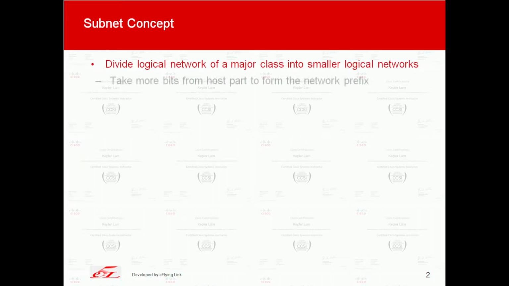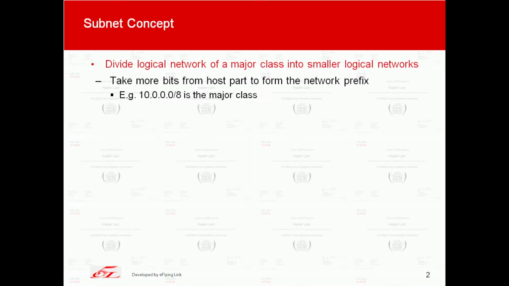We take some bits from the original host part to extend the network prefix, like in here, 10.0.0.0/8, as 10 represents a class A network. And this network number uses the default prefix length of a class A, that is 8 bits. So this is the major class number.